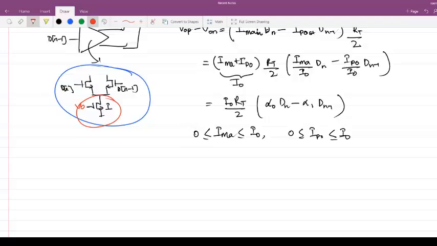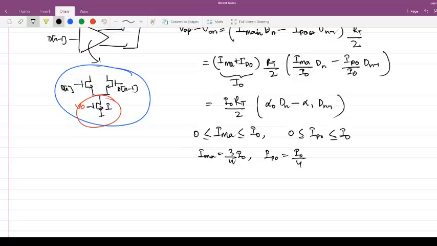So if you consider that, say, the main cursor is working for a 3I/4 current, just for example, I main is equal to 3/4 I naught, and I post is equal to I naught by 4. Then as the gate overdrive of this current source changes, the source potential of the input pair will change, and you get more data dependency at the output. Okay, so you do not want to have this kind of data dependency.